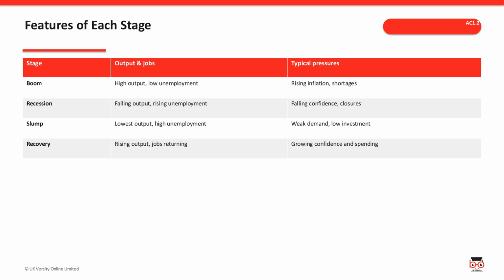The slump is the bottom, weak demand and very little investment, while recovery brings output back up, jobs returning and confidence slowly rebuilding. Knowing the signs of each stage helps you read where the economy sits at any given moment.